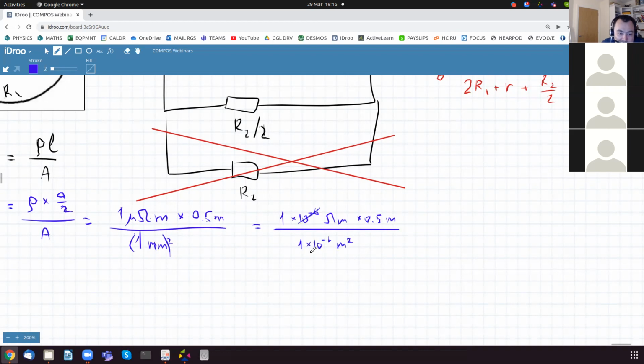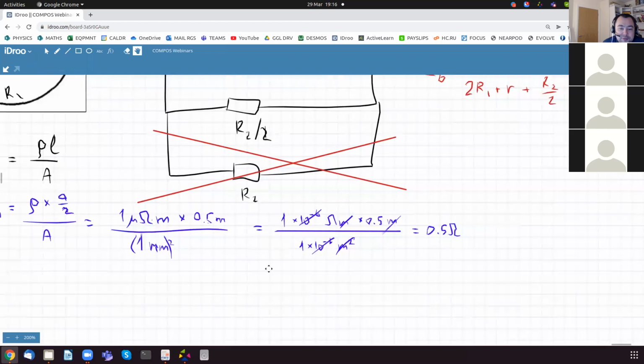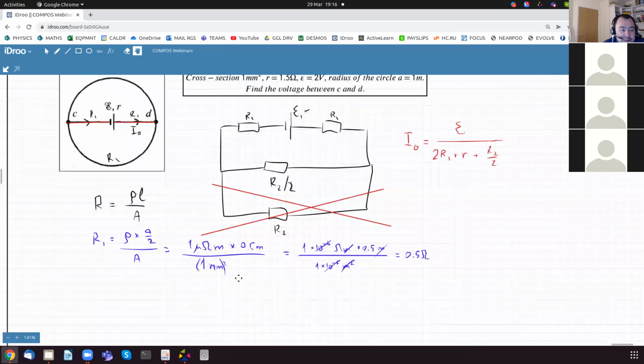And interestingly, everything cancels, and we're left with 0.5 ohms. Nice. 0.5 ohms, that's R1.